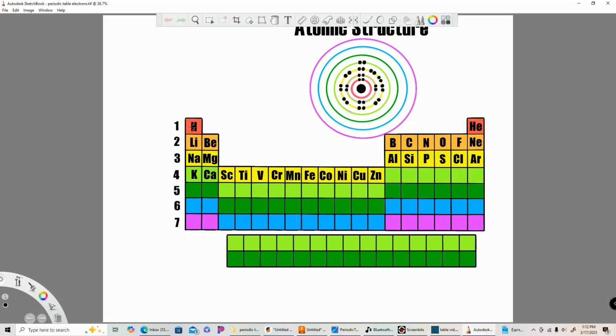Well, this periodic table is ordered left to right, top to bottom, but it's ordered in terms of energy, not exactly distance from the nucleus.